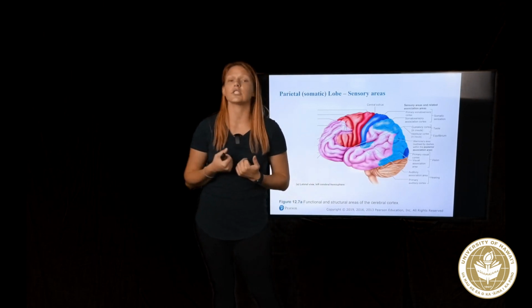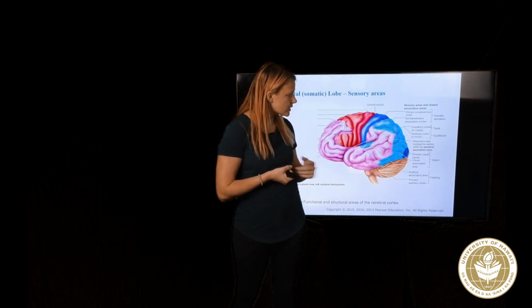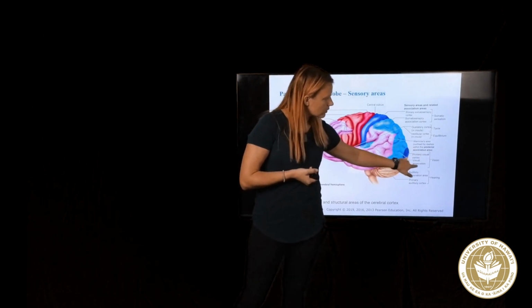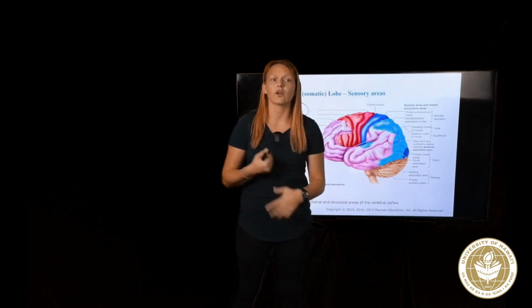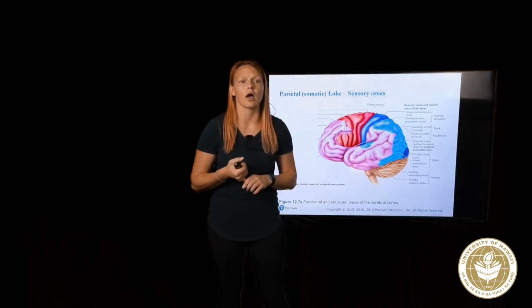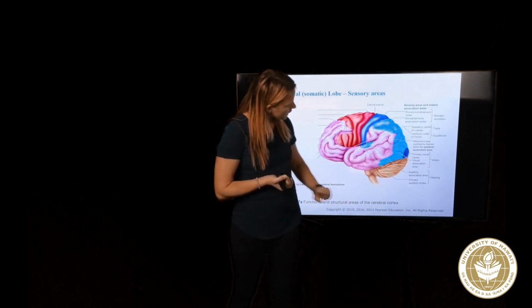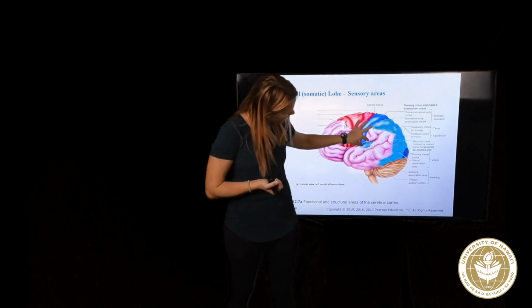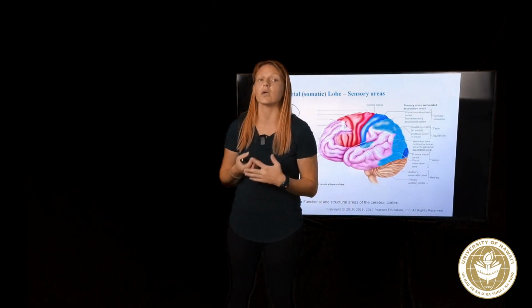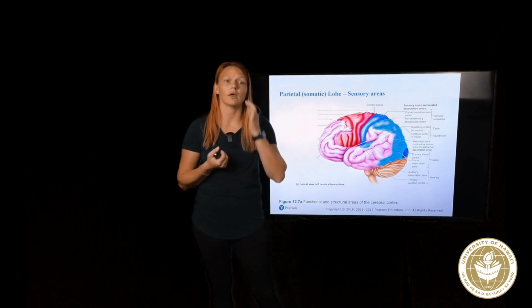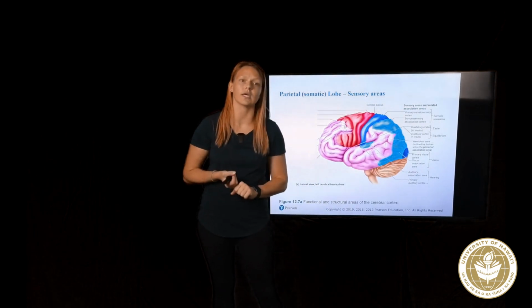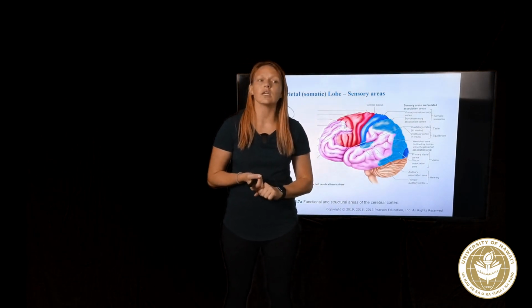Visual areas are going to be interpreting images. So you can see here, that's your vision region. They're going to be interpreting images, color, form, and movement. Auditory, this hearing portion right in here, is going to be involved in pitch, loudness, and location.